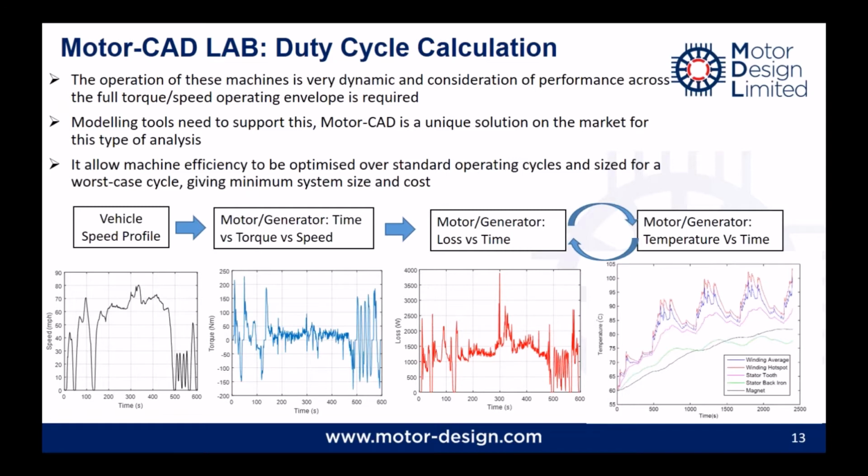We can then solve this with a thermal model to give us a temperature rise over that duty cycle. This allows us to size the machines and optimize the machines to achieve a particular performance over a worst case duty cycle.